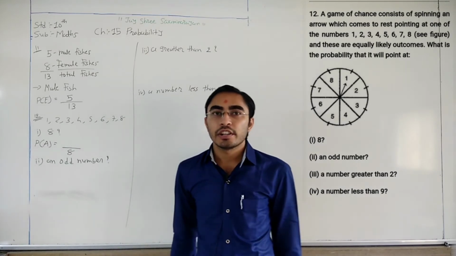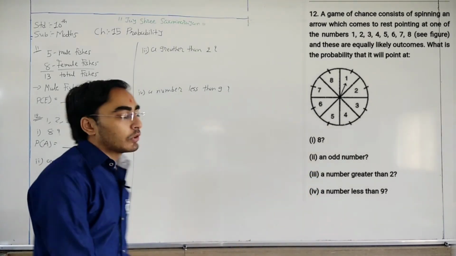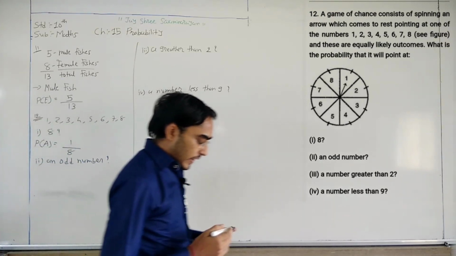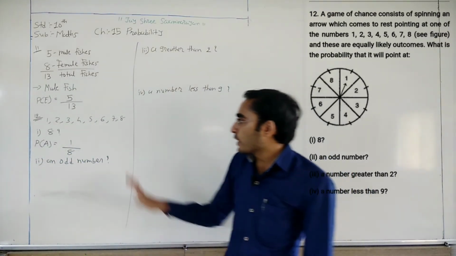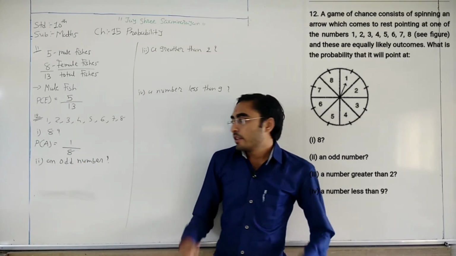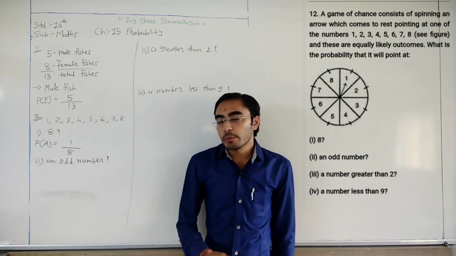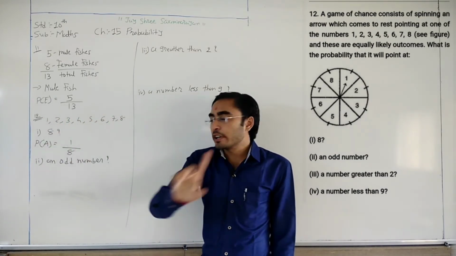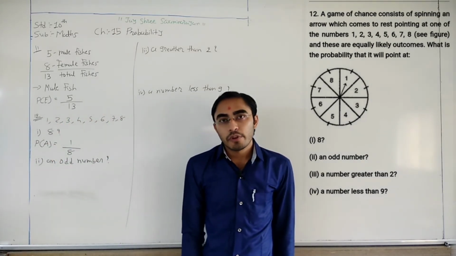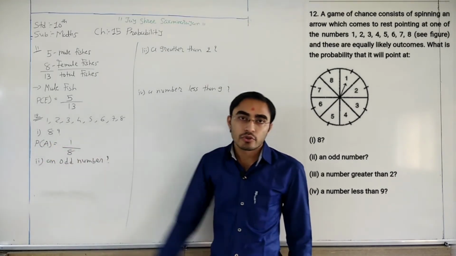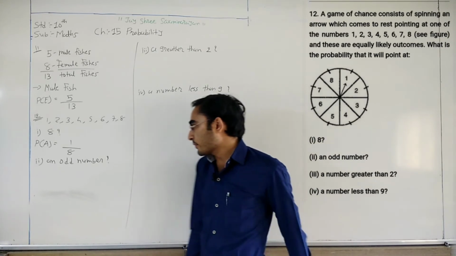Only one time, right? So that 1 becomes our favorable outcome, so 1 by 8. So in the denominator we write 8, and in the numerator the favorable outcome is 1. So the probability of event A is equal to 1 by 8.